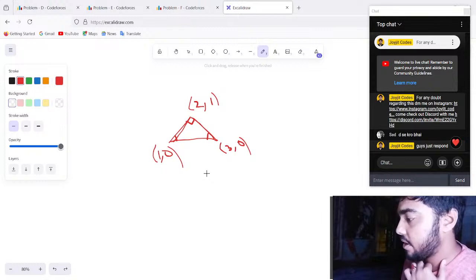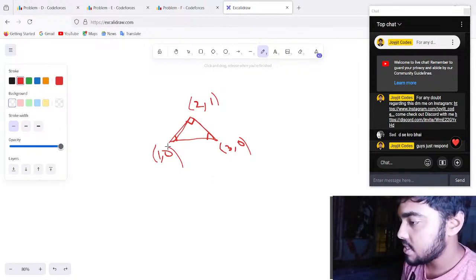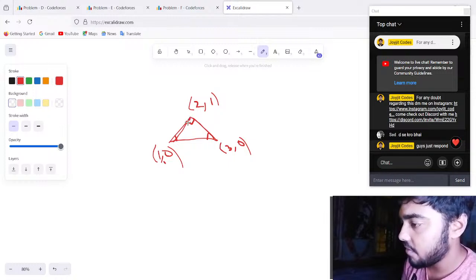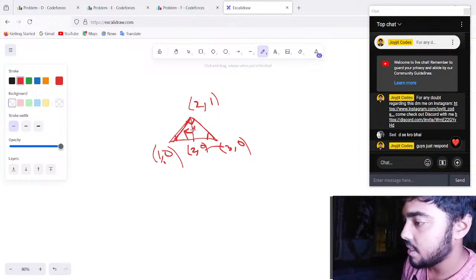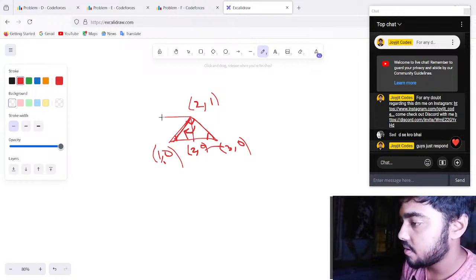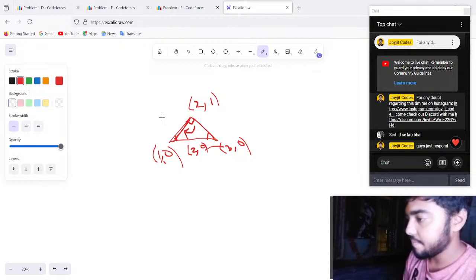Now since all the points are integers, let's say we want to shift this angle just a little bit over here, so the point 3, 0 becomes 2, 0, and if it's 2, 0, then this will be over here and this will be over here, right? So it won't be satisfying.